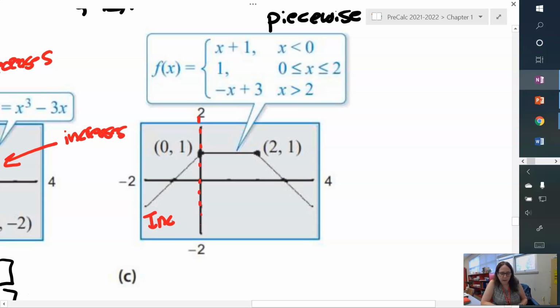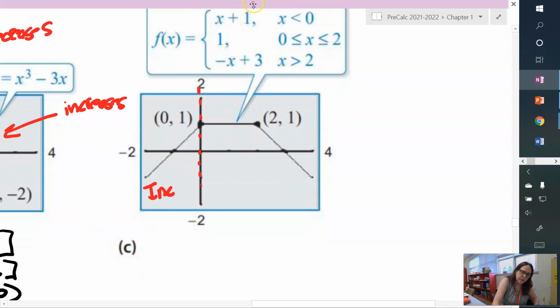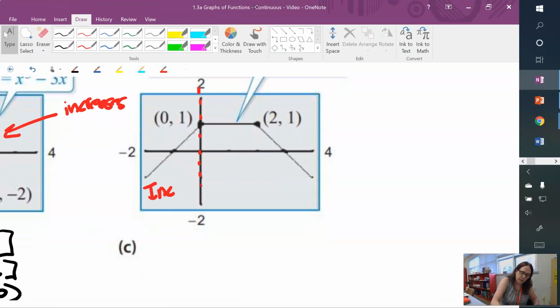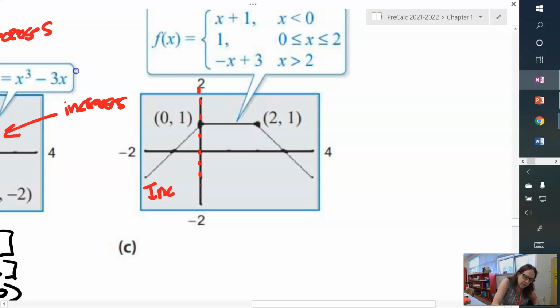Okay, and it goes up to x is 0, y is 1. So our graph is going to be increasing, starts at -infinity, and stops when it gets to this point, 0, 1. Increasing there.